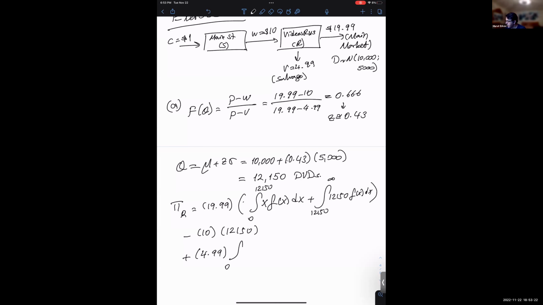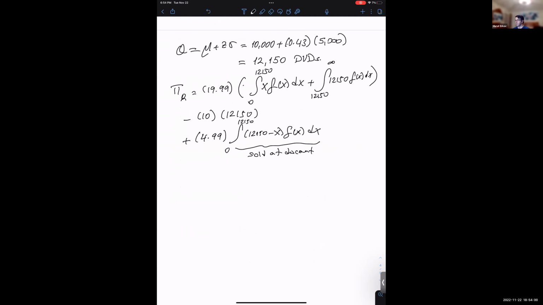If the demand is from 0 to 12,150, we have unsold DVDs of 12,150 minus X. Actually, this last integral is part of the question, because it asks how many units will be sold at discount, right? That's part of the question, if I'm not wrong.